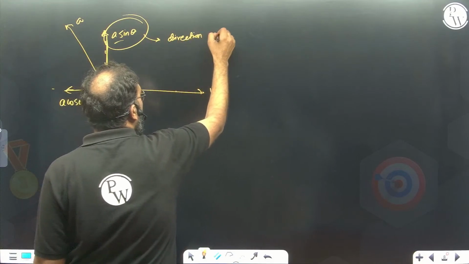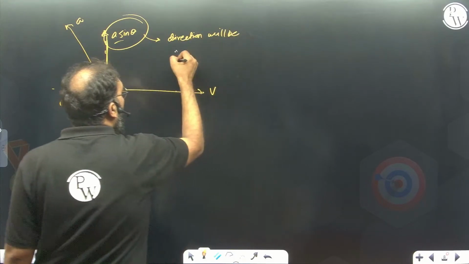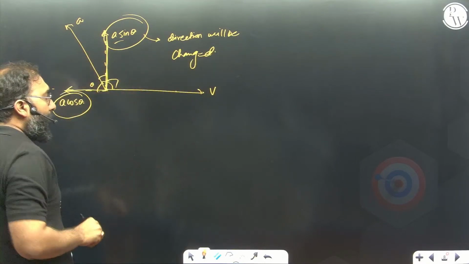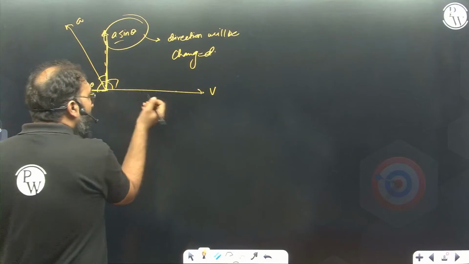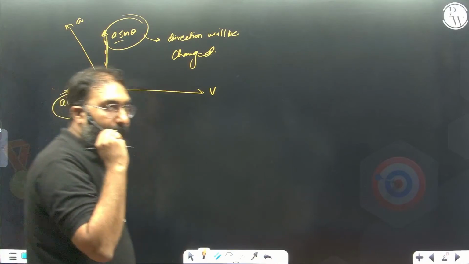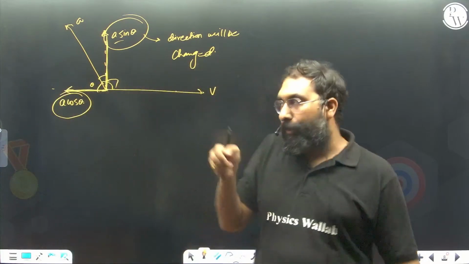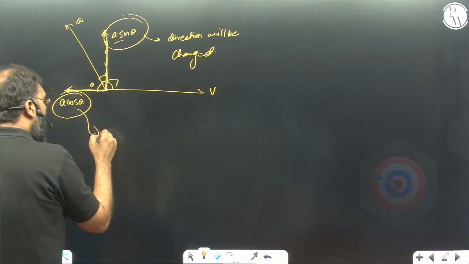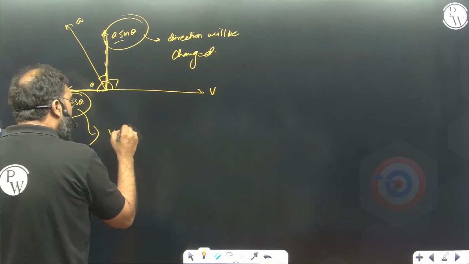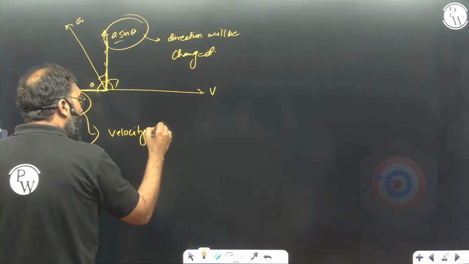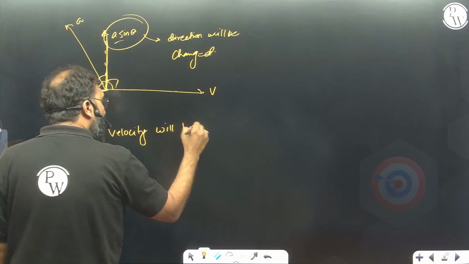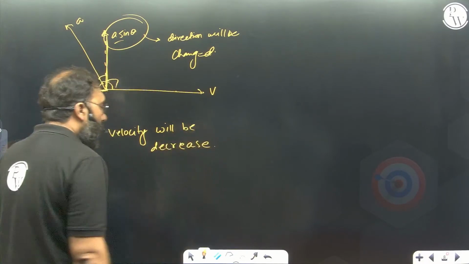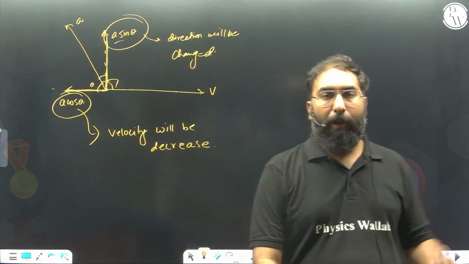And because of this component A cos theta, which is acting in the opposite direction of the velocity, it will try to slow down. So due to this component, velocity will be decreased. It will slow down the particle.